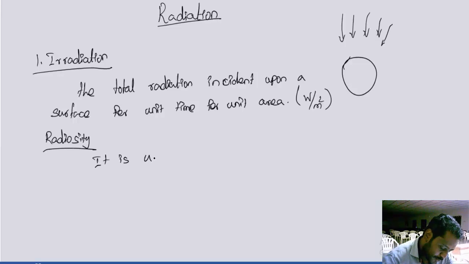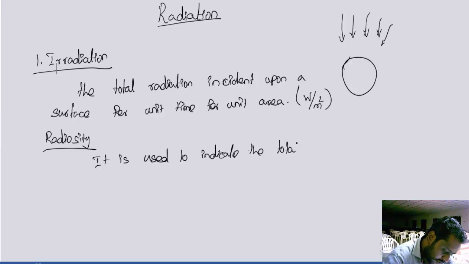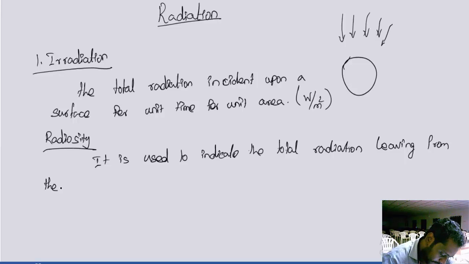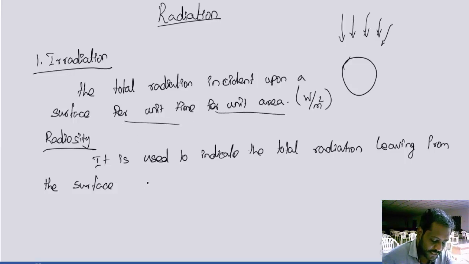It is used to indicate the total radiation leaving from the surface per unit time per unit area. It is also expressed in watt per meter squared.